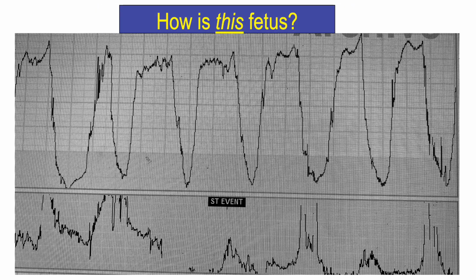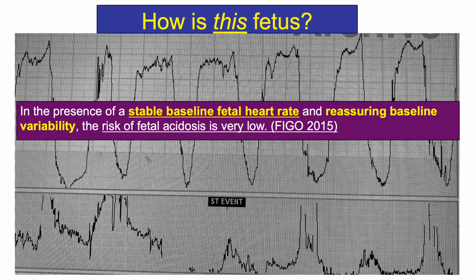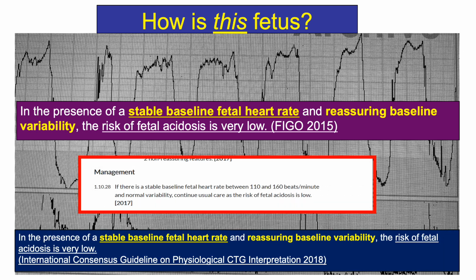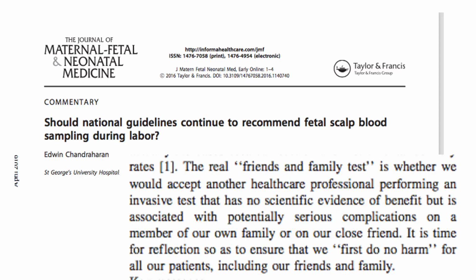So all international guidelines now clearly state that in the presence of a stable baseline and a reassuring variability, the risk of acidosis is low. The Physiological CTG guidelines published in 2018 also state the same.